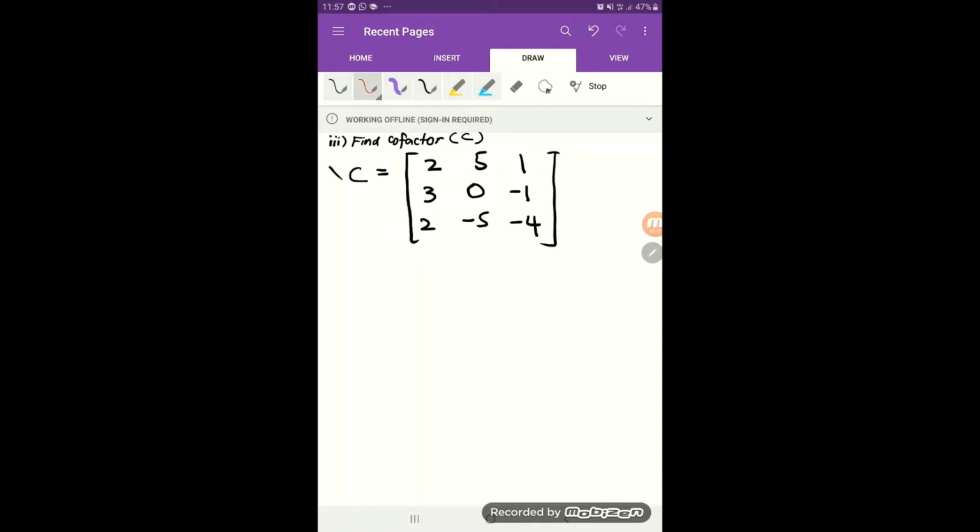And then we write the signs of all the elements of cofactor. For M11, the sign is positive. M12 negative, M13 positive, M21 is negative, M22 is positive, M23 is negative, M31 is positive, M32 is negative, and M33 is positive.